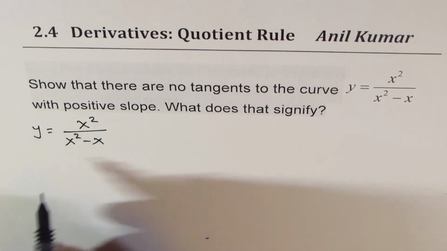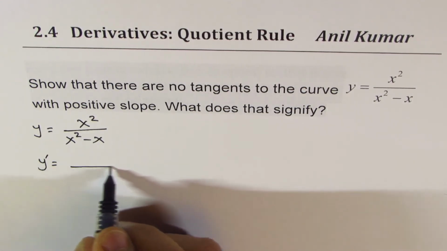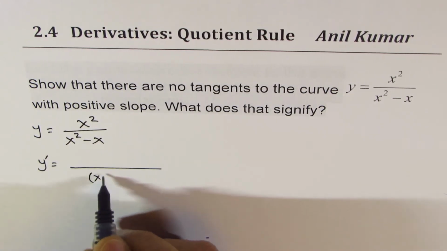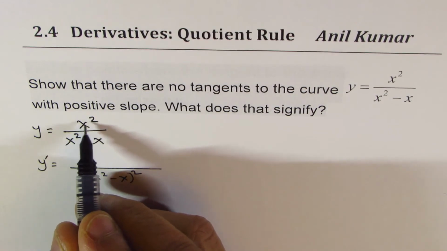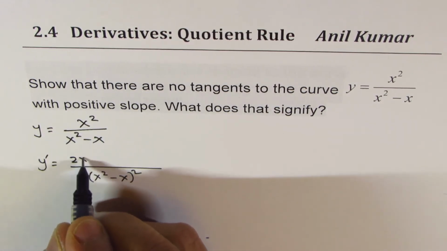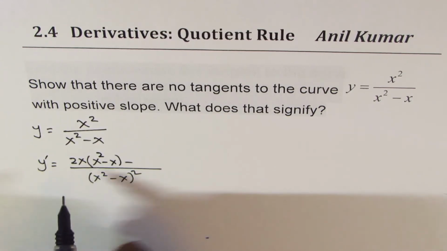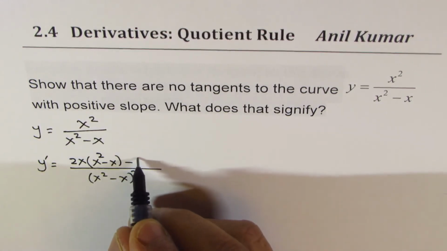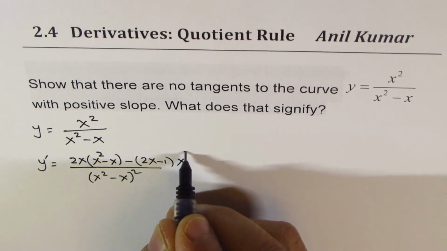We'll apply the quotient rule to find derivatives. So derivative of this function is square of the denominator, x square minus x whole square. Derivative of x square is 2x times x square minus x, take away derivative of denominator is 2x minus 1 times x square, right?